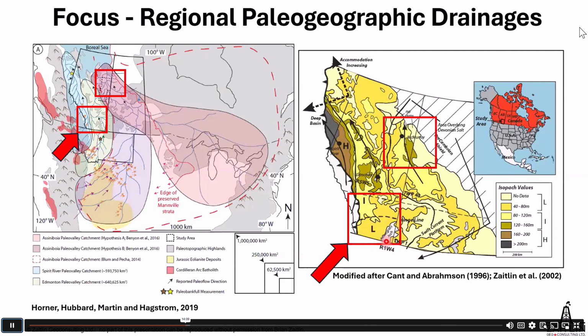And we could see that as we go in this area here, this area in the BQ, we go from low to intermediate to high accommodation. And that will become important as we go along. And the question is going to be, what is controlling that change in thickness?